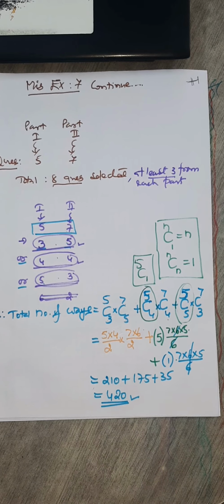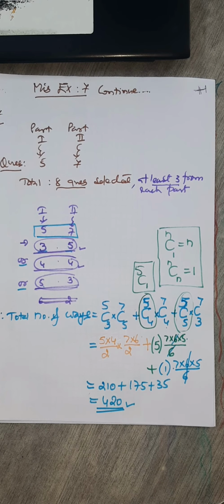This many ways 8 questions can be selected. Remember, the question was how many ways a student can select the questions. Remember, you might have noticed there is a question of combination because you are using the word selection.